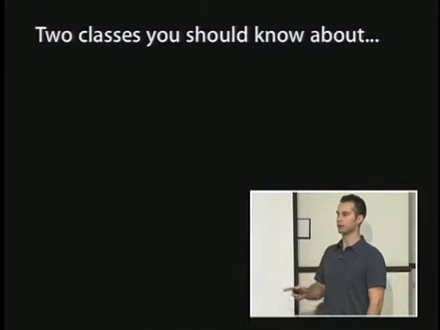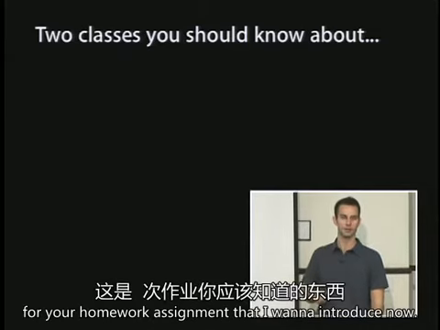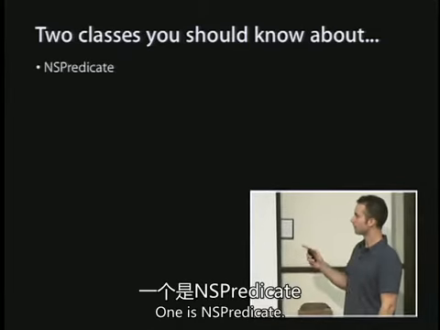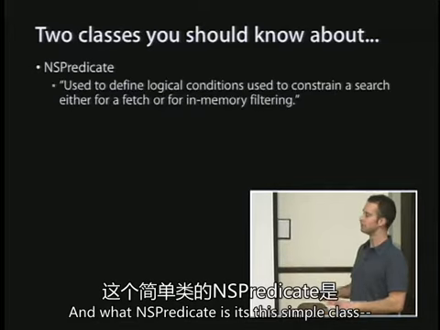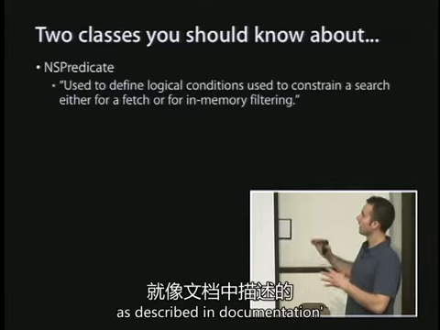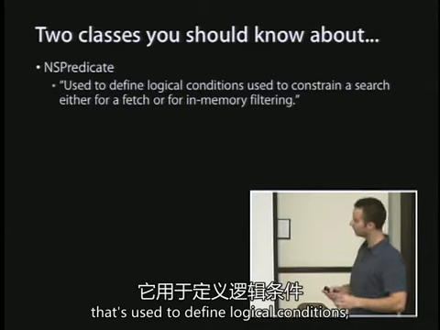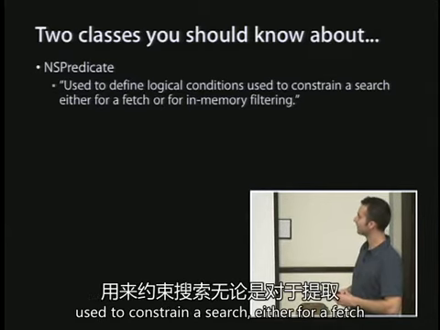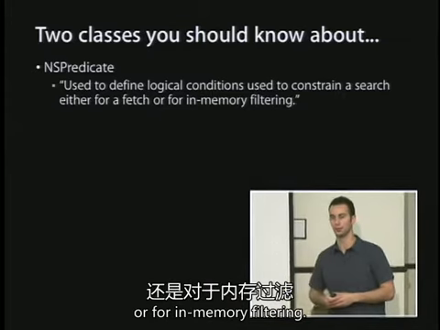And two other things you should know about while we're still talking about Core Data for your homework assignment that I want to introduce now. One is NSPredicate. NSPredicate is this simple class, as described in the documentation, that's used to define logical conditions used to constrain a search either for fetch or for in-memory filtering.